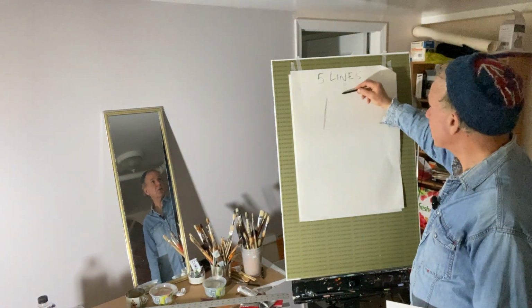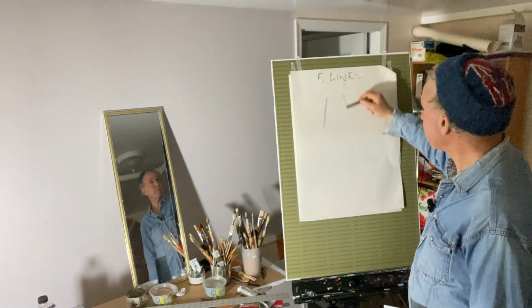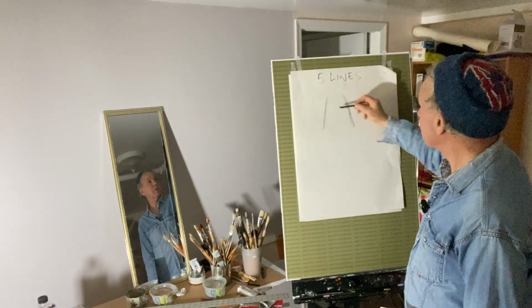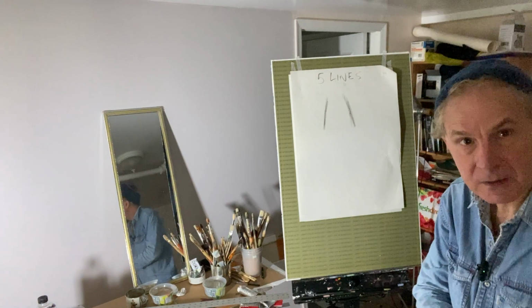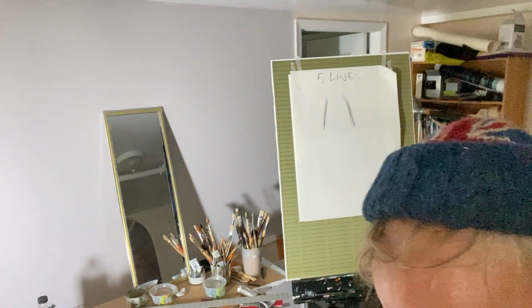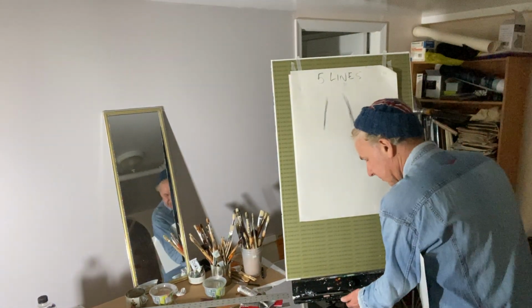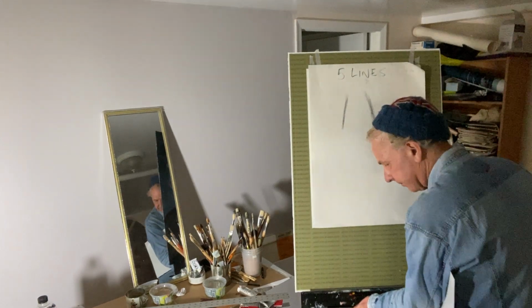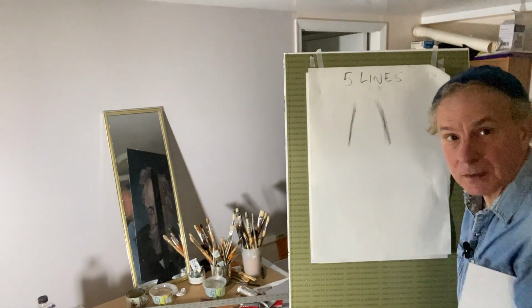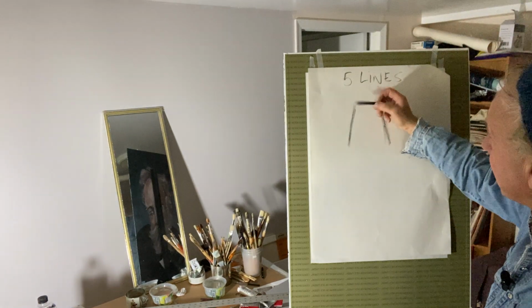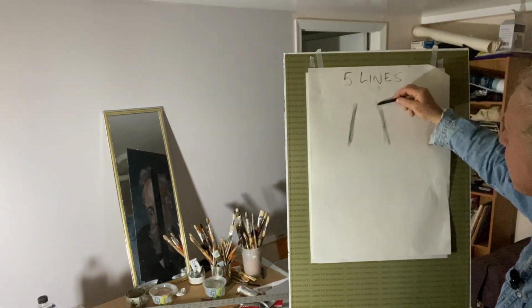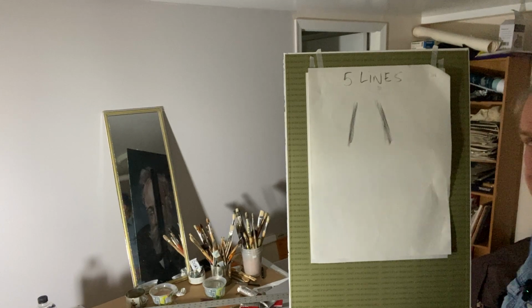Then we've got line 2. Now I'm doing this big. Let's see if I can move this in closer. Yeah, that's better. So we've got the first line here going out like that. The second line here coming out like that.